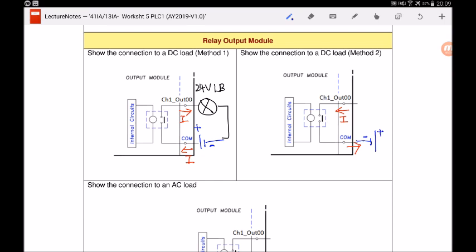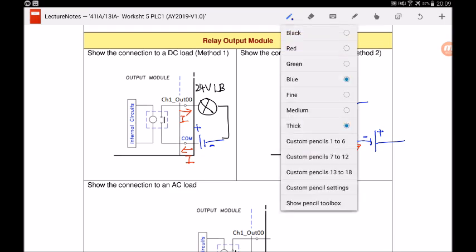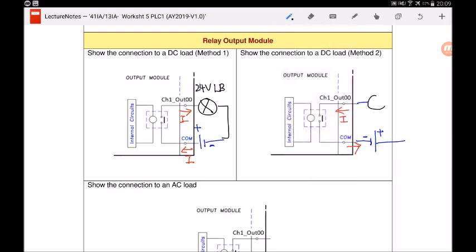So I reverse the polarity of the power supply, but the connection to the light bulb is still the same. So you can see we can connect up the relay output module for a DC load in two methods. One is the power supply in this direction, and the next is the power supply in the other direction.